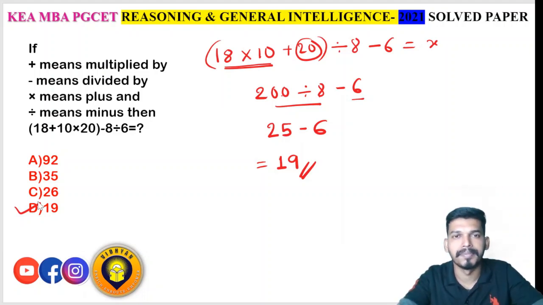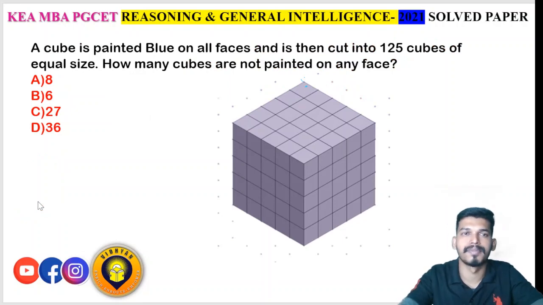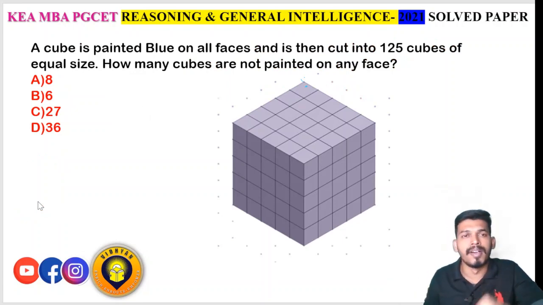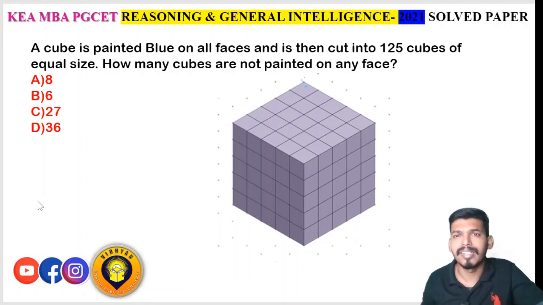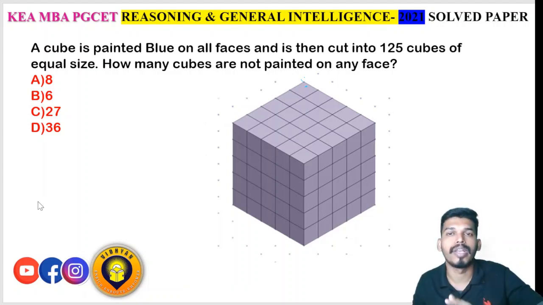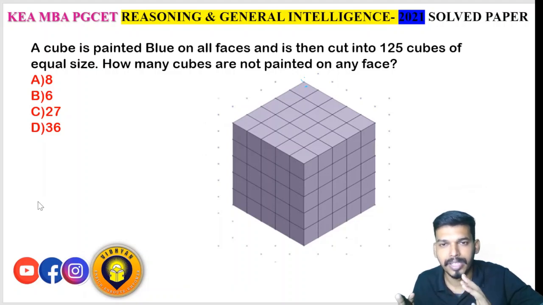Next one. A cube is painted blue on all faces and is then cut into 125 cubes of equal size. How many cubes are not painted on any face? See, in this diagram you can see there is a cube. Now this cube is cut into 125 cubes of equal size.